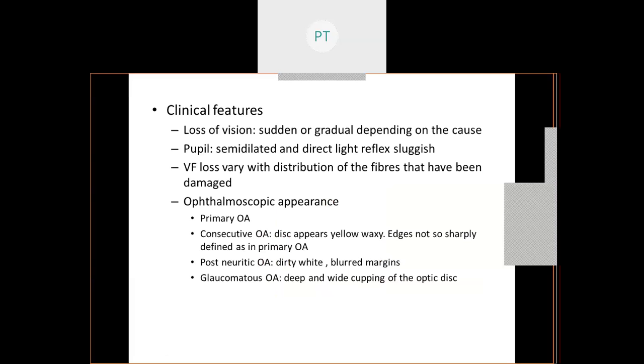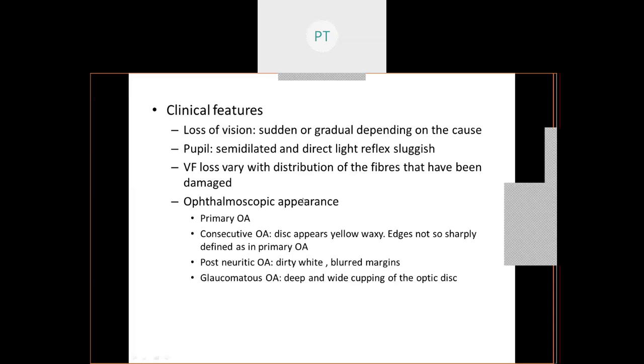So the clinical features: how do these patients present with optic atrophy? There can be loss of vision, which can be sudden or gradual depending upon the cause. The pupils are usually semi-dilated and the direct reflex is sluggish. Visual field loss will vary with the distribution of the nerve fibers which have been damaged.